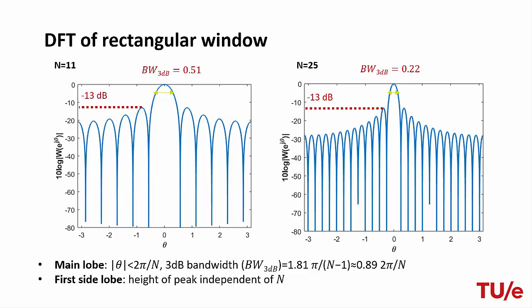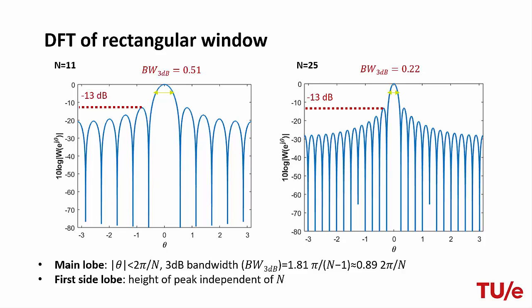When we look at finite length windows, the spectral resolution is determined by the width of the main lobe, while spectral leakage is determined by the side lobes. Increasing the window length causes a reduction of the width of the main lobe, and thus an increase in spectral resolution. By an approximate calculation, the width of the main lobe is proportional to 0.89 times 2π over n.